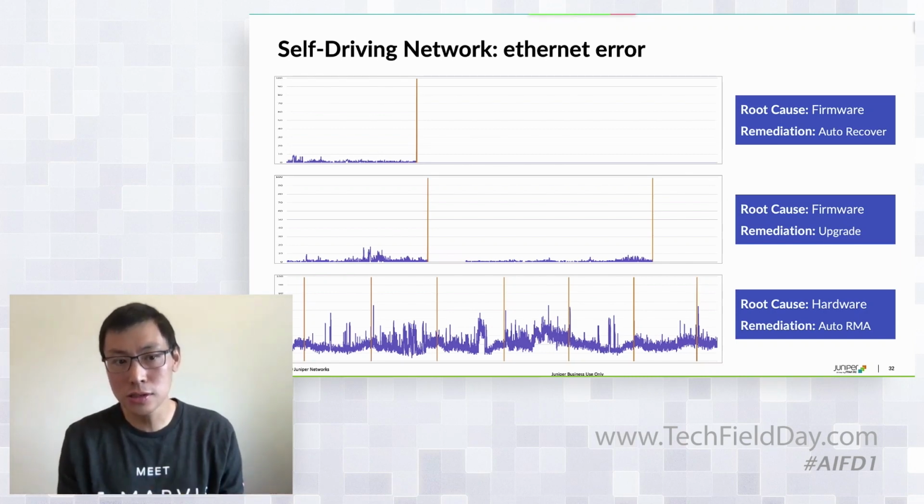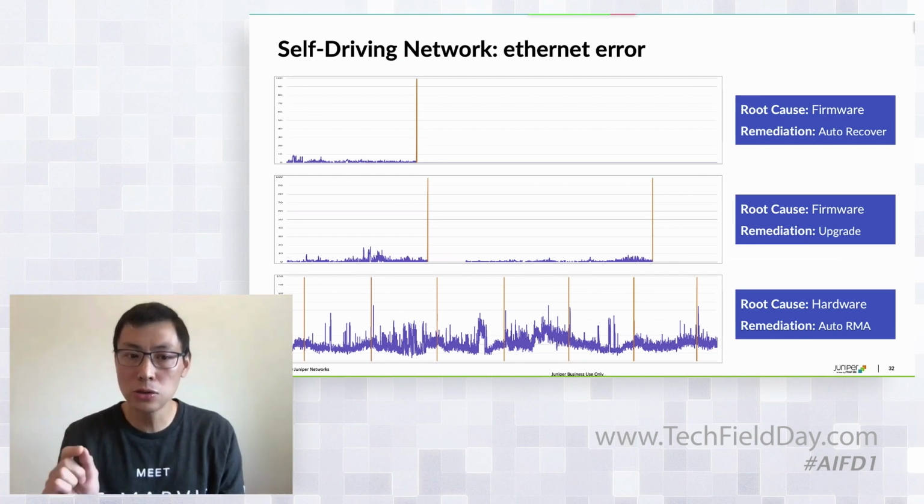I want to use this example also as the self-driving network to see how Marvis tackles this step by step. You can see 3 different APs have Ethernet errors. The blue lines are the Ethernet errors happening over time. Marvis continuously monitors the health state of each AP.